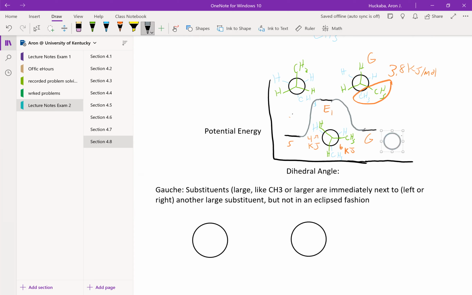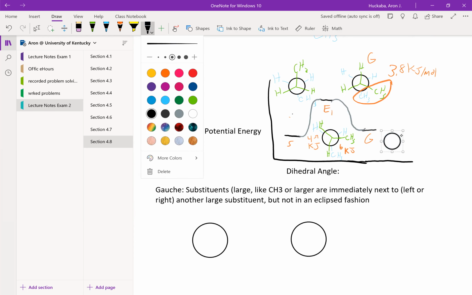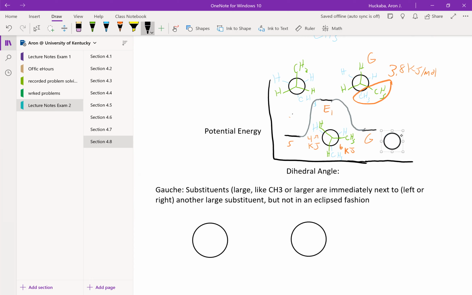we have a situation where if we rotate another 60 degrees, hopefully now you see that there's going to be a big problem. And that big problem is that we're going to have two CH3 groups that are overlapping each other in an eclipsed manner. So if we draw that, it looks like this.